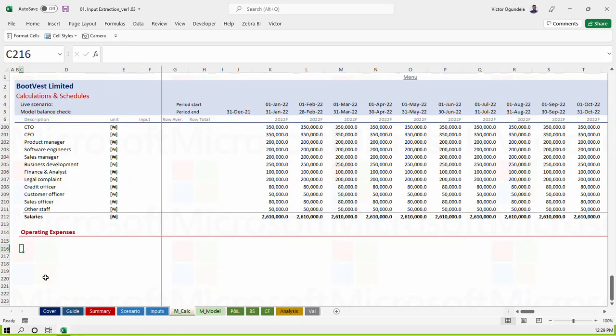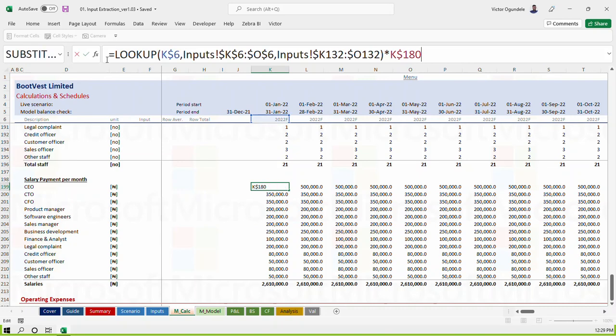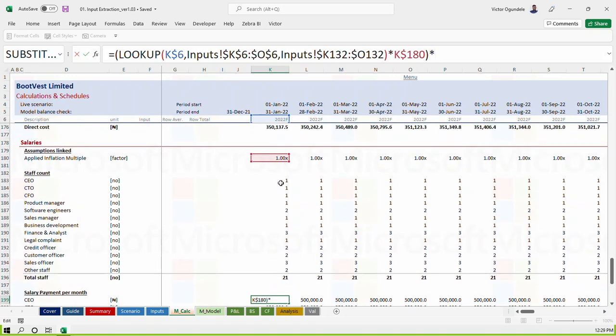Let me type that again. For the salaries, I think we forgot to multiply by the staff headcount. Thank you for that.